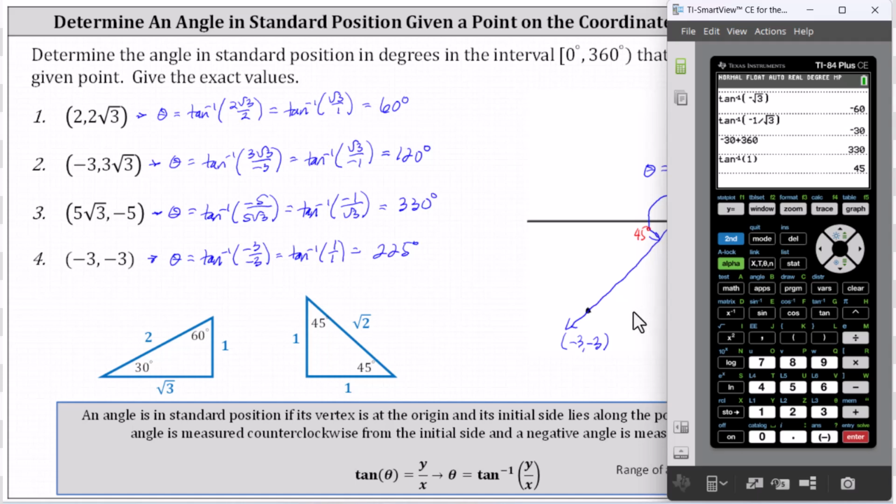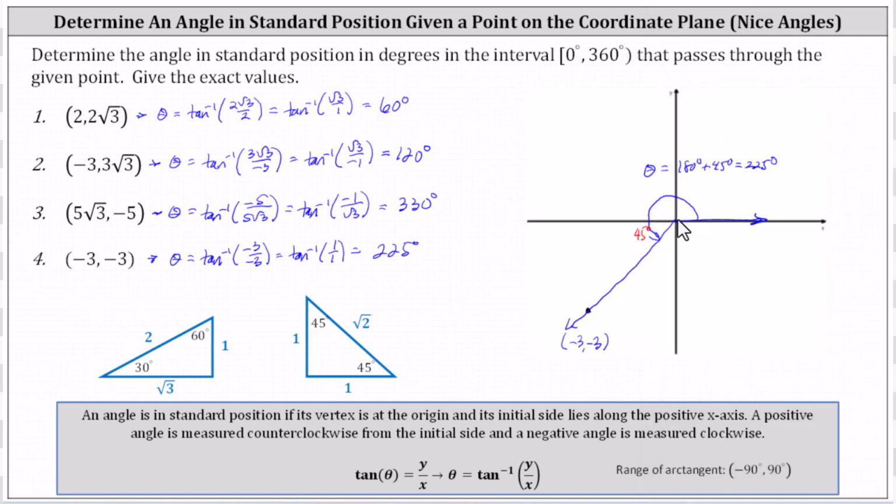If we sketch the given angle, notice 45 degrees would be this angle here. So what we could also do is add 180 degrees to 45 degrees to get the desired angle of 225 degrees. So the important part here is to always make sure the angle theta passing through the given point is in the correct quadrant as well as the correct interval.